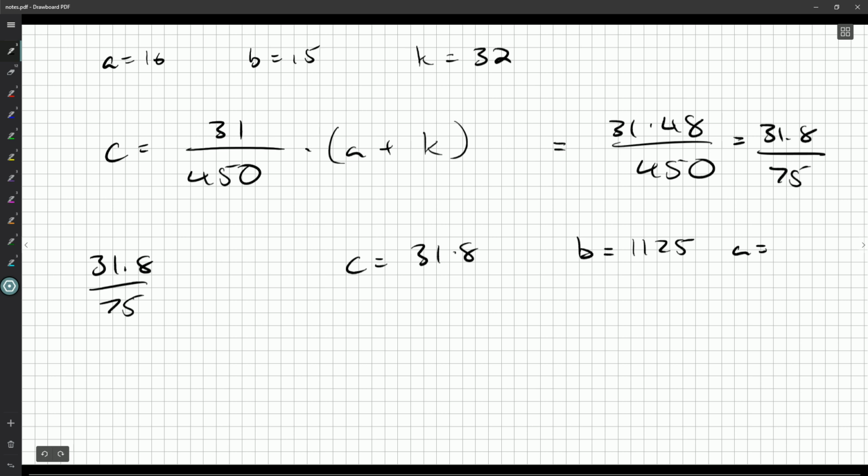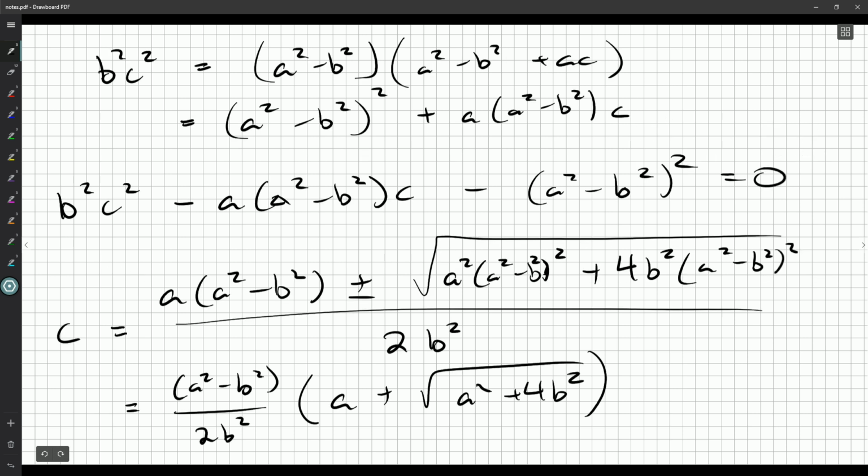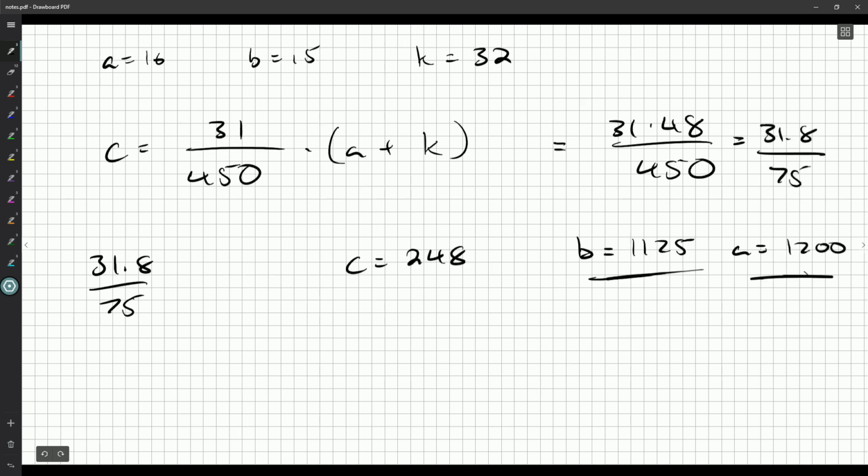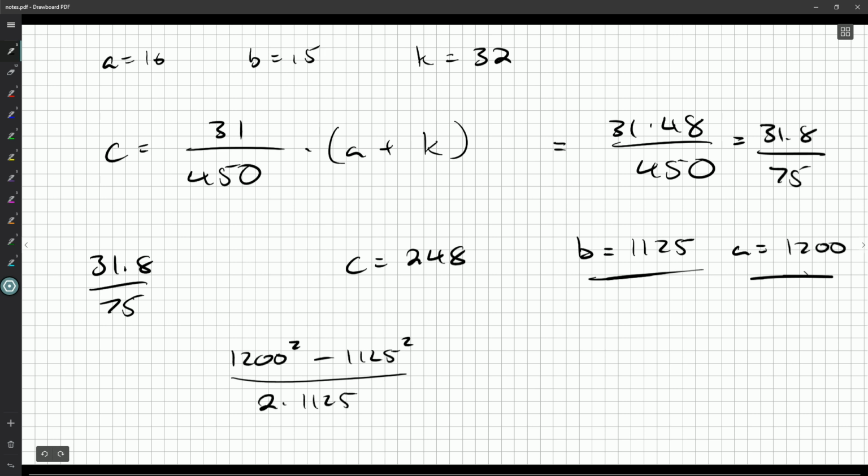A would have to be 75 times 16. So that'd be 248 for my c value. But does this a and this b, when plugged into the original expression, still equal what I want it to? And I don't think it does. So that'd be 1200 squared minus 1125 squared, all over 2 times 1125.